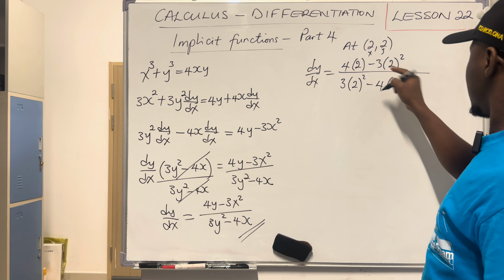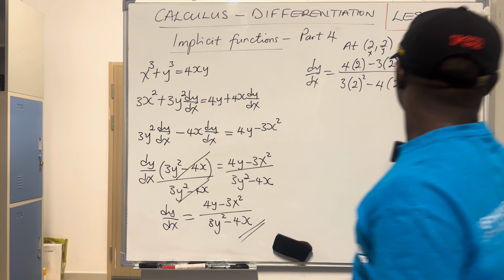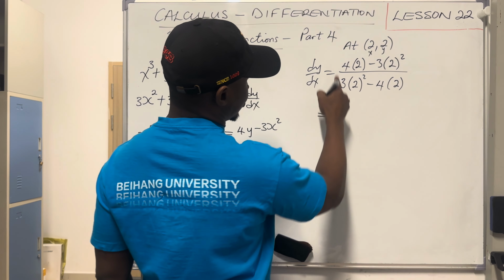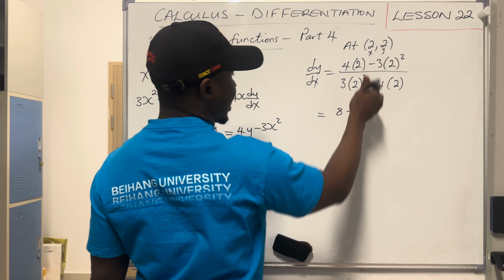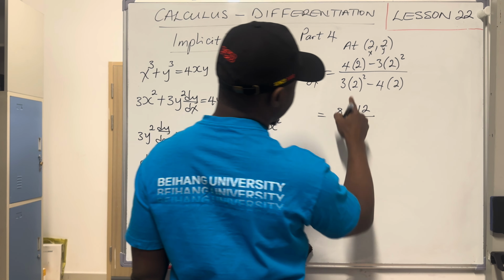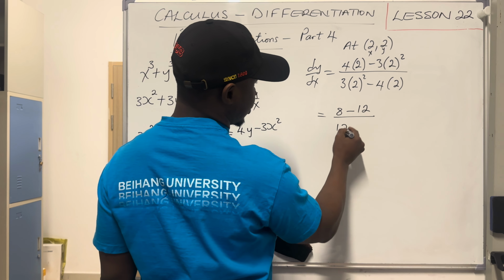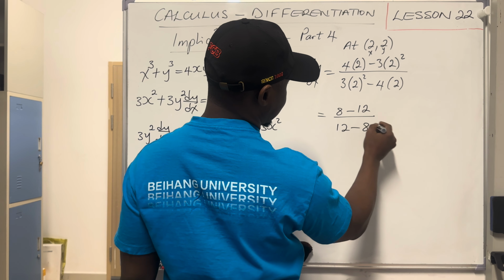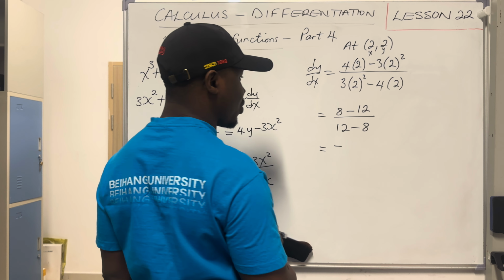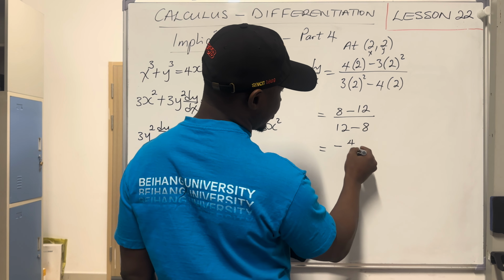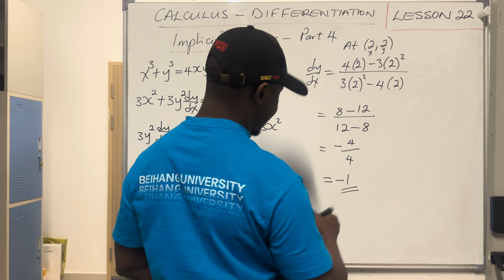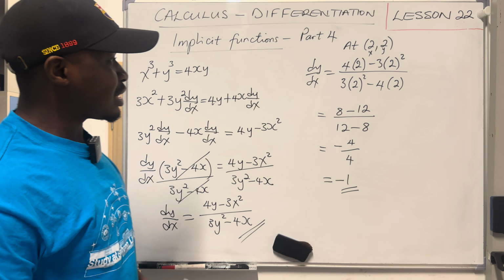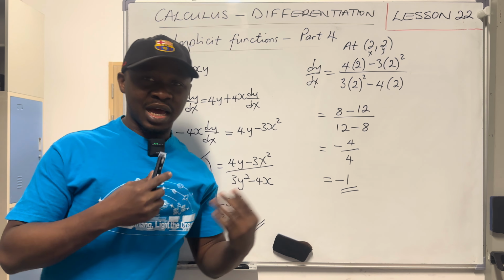X is 2. So 4 by 2 is 8. 2 squared is 4, 4 times 3, 12. 2 squared is 4, 4 times 3, 12. 4 by 2 is 8. So at the top, what do we have? We have minus 4. Down here, we have 4. So that gives minus 1. So this is the gradient at 2 and 2 as the coordinates.